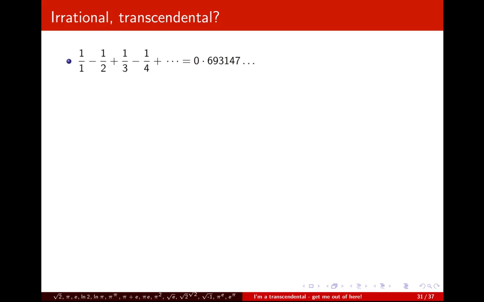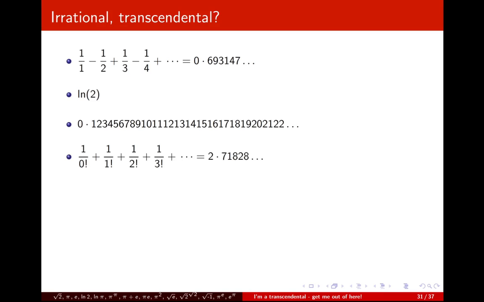Well, the number shown, which is an infinite sum, turns out to be log 2, and that is indeed transcendental and hence irrational. This interesting number, as shown, which is a number with a decimal expansion 1, 2, 3, 4, 5, 6, 7, 8, 9, 10, 11, 12, 13 and so on, is also transcendental and hence irrational.